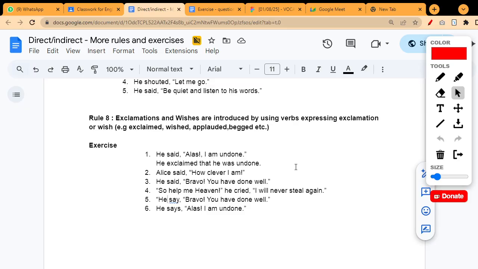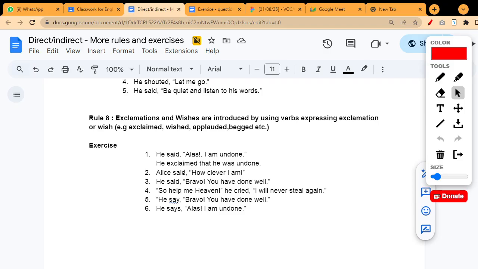He was undone. If the reporting verb was in present tense, it would remain the same. Alas, he is undone. Alas nahi bolenge. He exclaimed that he is undone, because in case the reporting verb is says, if it is in the present tense.